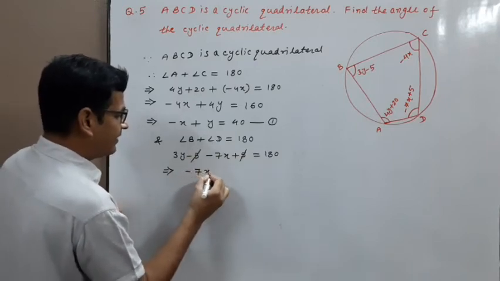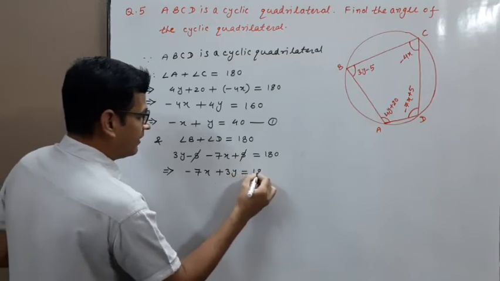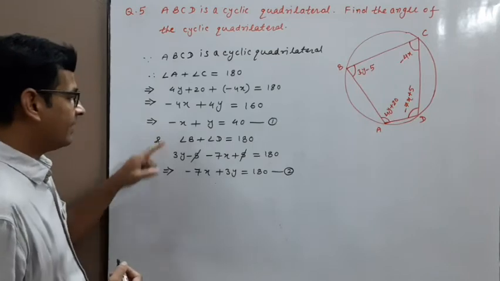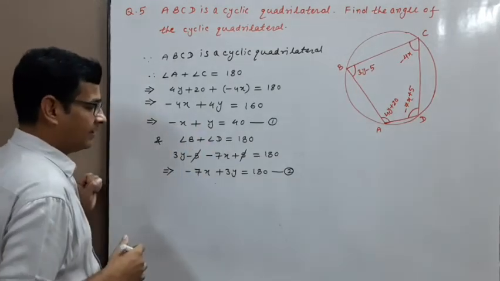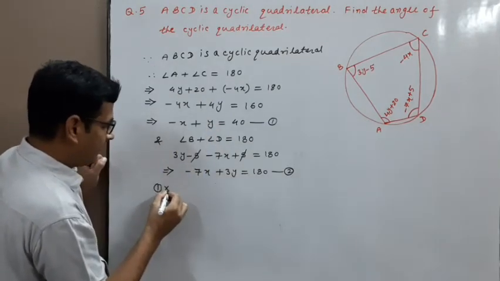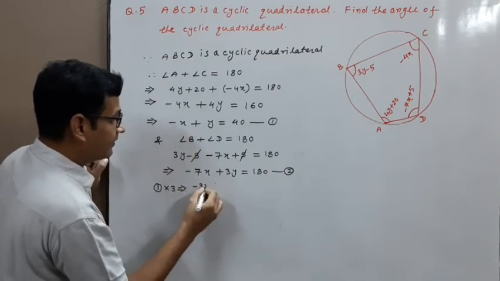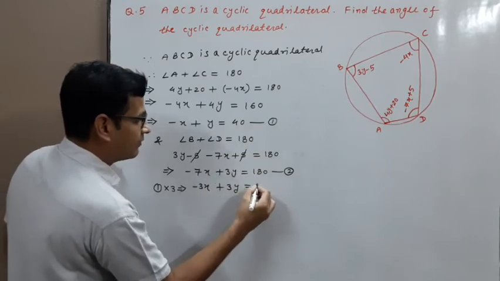Rearrange: minus 7x plus 3y is equal to 180. Call this equation number 2. Now simplify equations 1 and 2. Multiply equation 1 by 3. We get minus 3x plus 3y equal to 120.